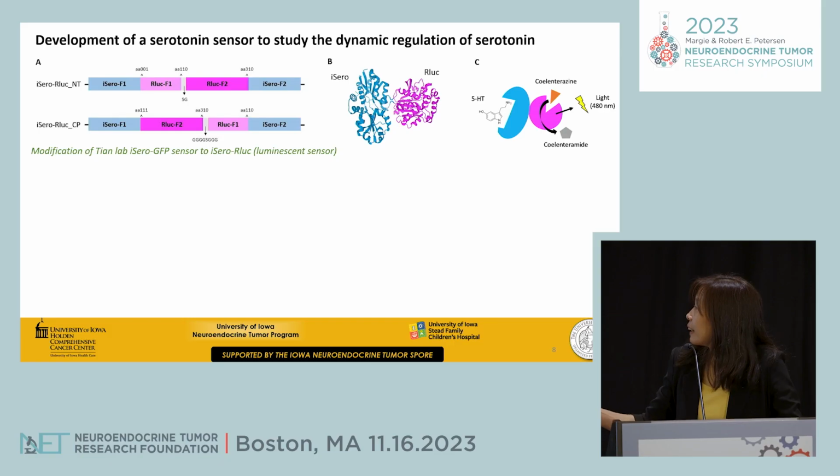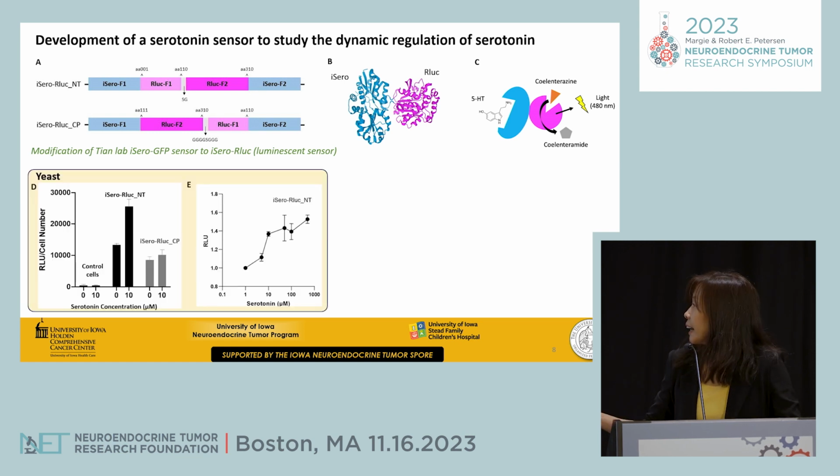When you want to do in vivo imaging, green fluorescent sensors are not ideal, because our body has a lot of metabolites that fluoresce in that range. So we adapted the sensor to become a luminescent one. Now it can produce light, and we can quantify the signal that way.